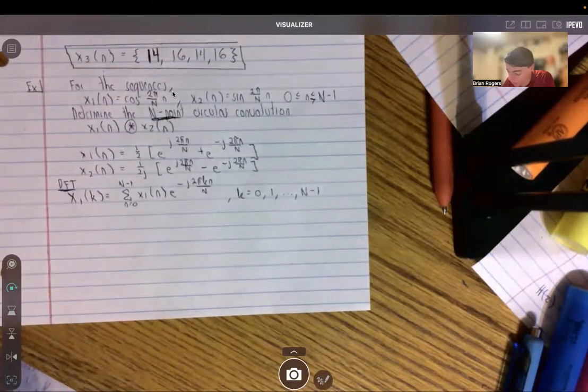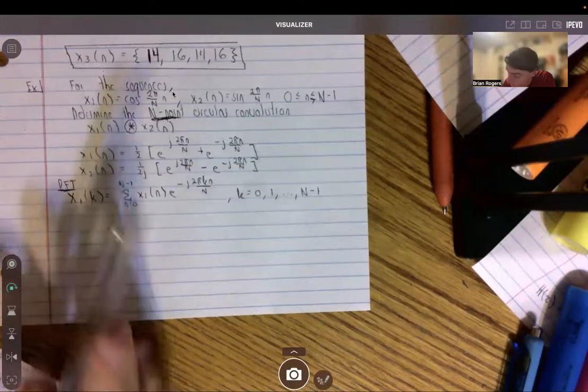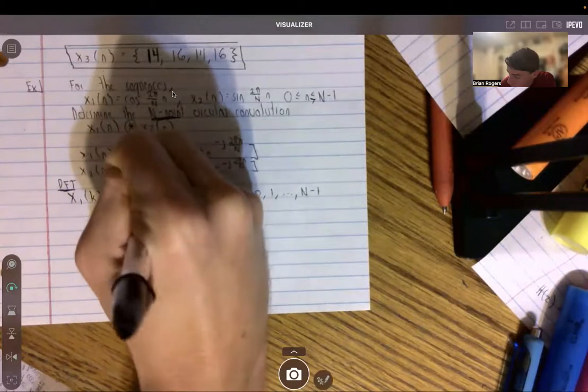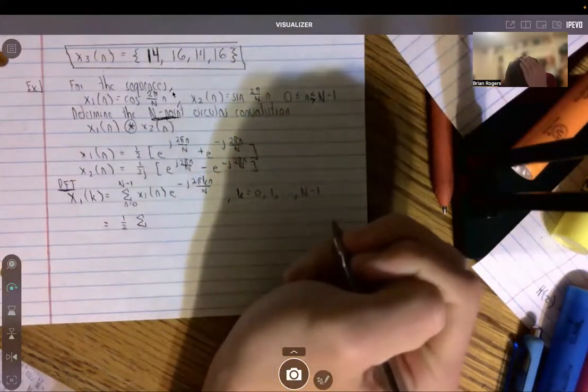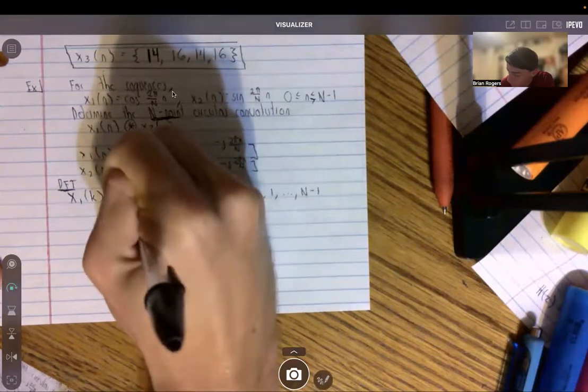And what we do is we notice here, we're going to plug in for x1 of n what we have here. And so our result is going to be 1/2. I'm just going to take that out of the summation because that's a constant. And it's going to run from n equals 0 to N minus 1.